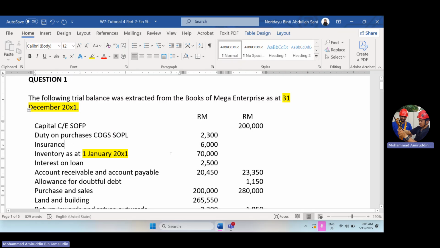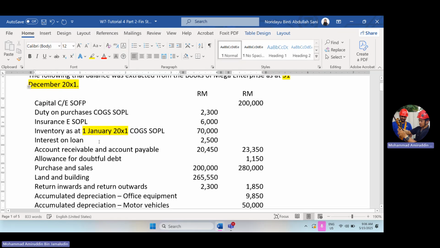Insurance, it is on debit, so this is your expense, SOPL. Inventory, opening inventory, COGS, SOPL. Interest on loan, so debit side, meaning this is expenses, SOPL.